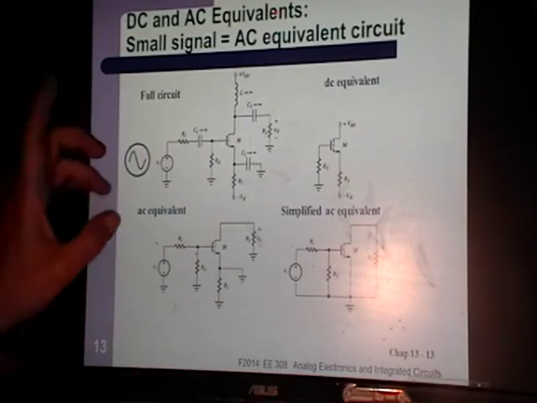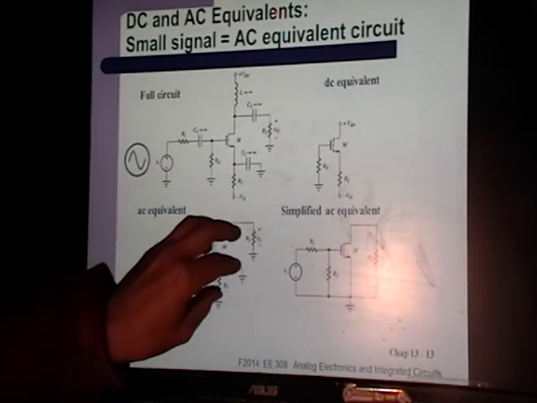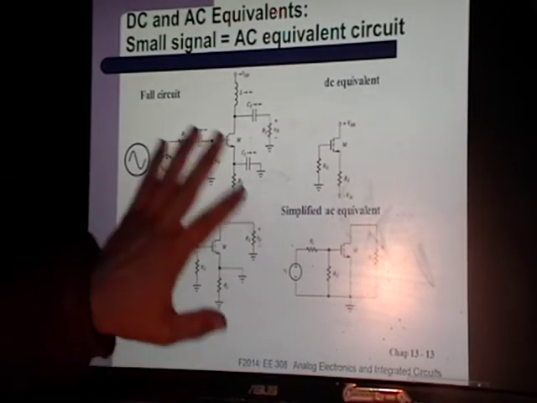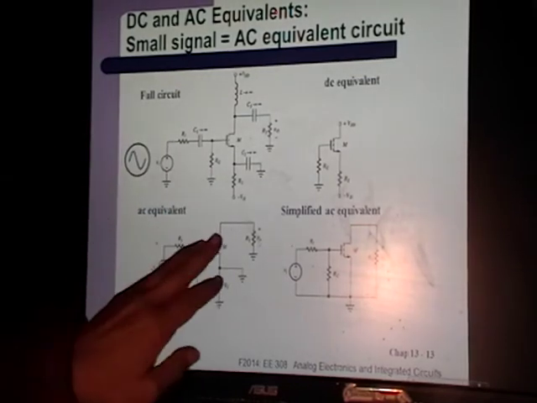Okay, so now back to this voltage right here. Since you're in a linear region and you can use superposition, remember superposition says you zero all sources except for one. This version right here, we're looking at this moving signal. So all other sources get zeroed.